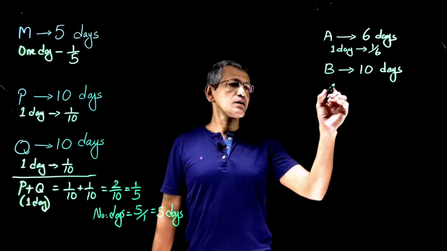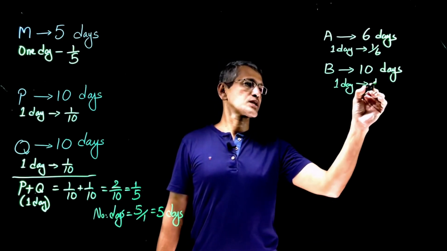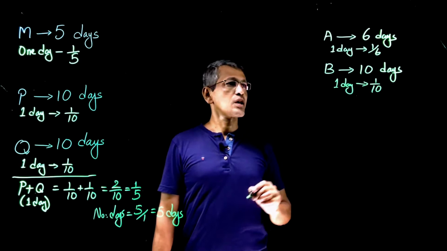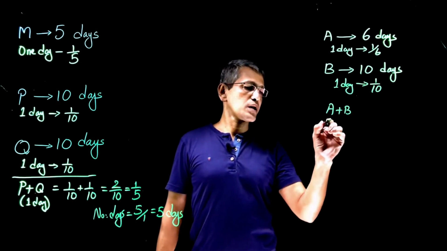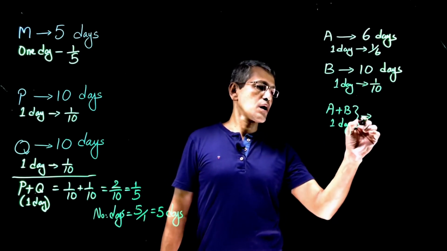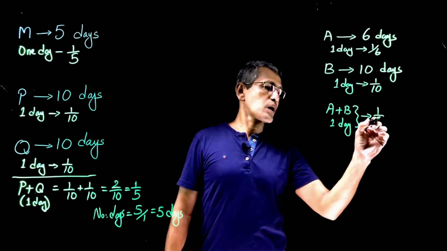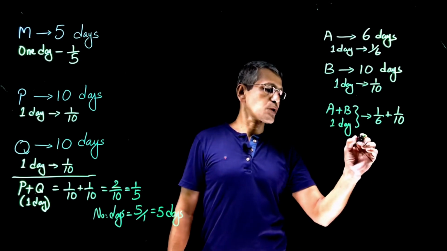And if B works for a day, how much of the task can B do? It is 1/10. So if A and B work together, A plus B, in 1 day, what can they do? 1/6 plus 1/10. 1/6 plus 1/10 is what?